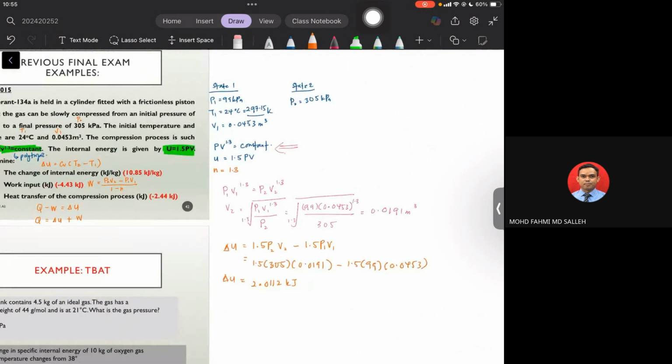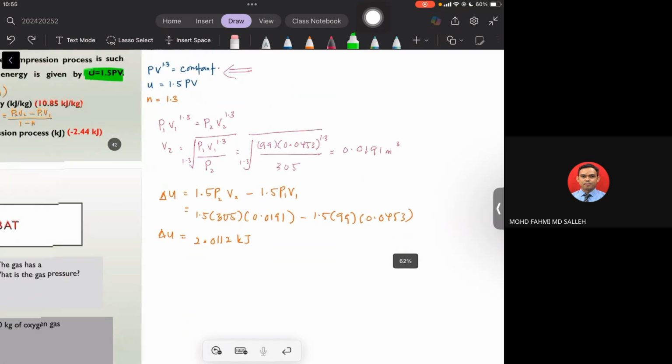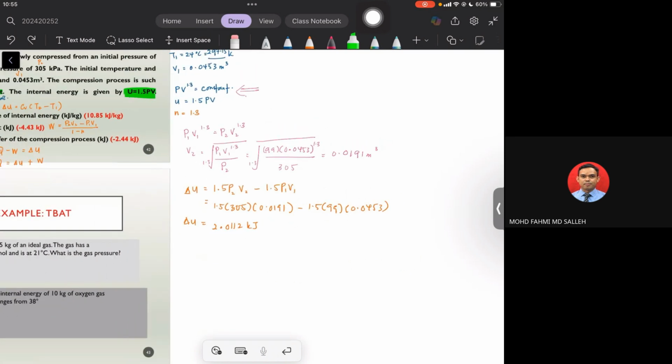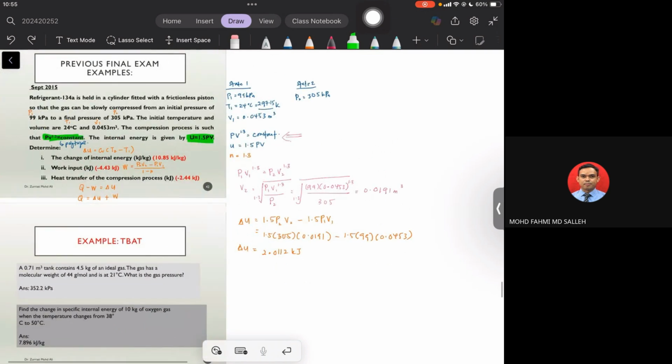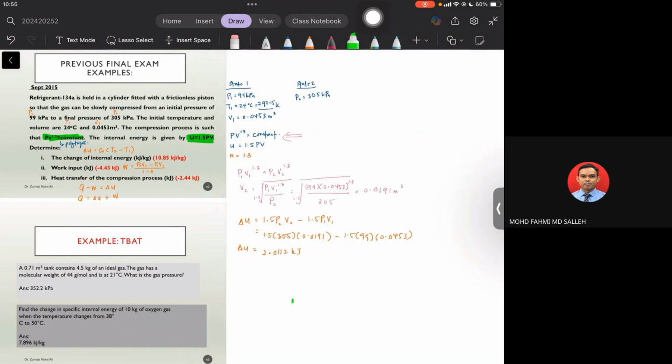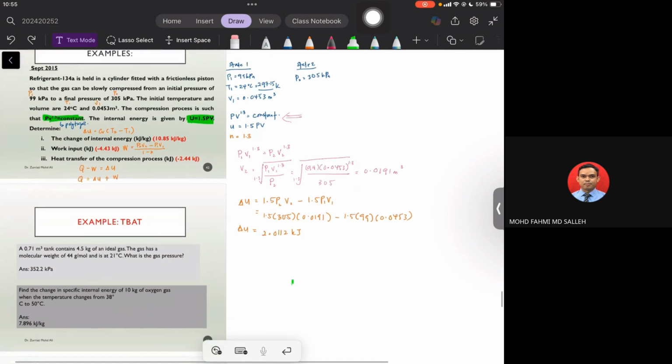As can be seen, the question requires you to find it in terms of kilojoule over kilogram. Therefore, you need to divide the change of the internal energy that has been calculated by the mass. So in order for us to determine the mass, we are going to use the ideal gas equation of state.